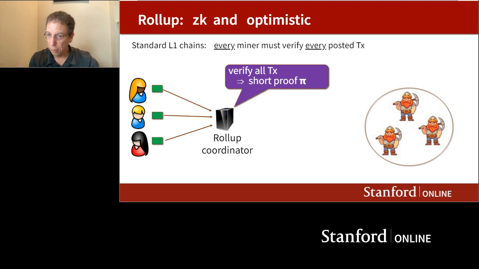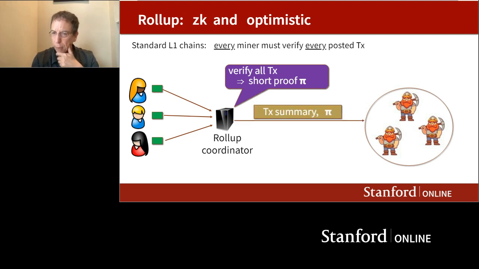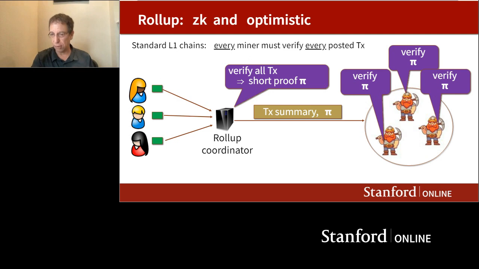So we send this proof to the blockchain along with a summary of all the transactions. We'll see why we have to send a summary in just a minute. Now what the validators, or the miners, do is, rather than verify the transactions themselves, all they do is verify the proof. And verifying the proof is much, much easier than verifying the transactions.